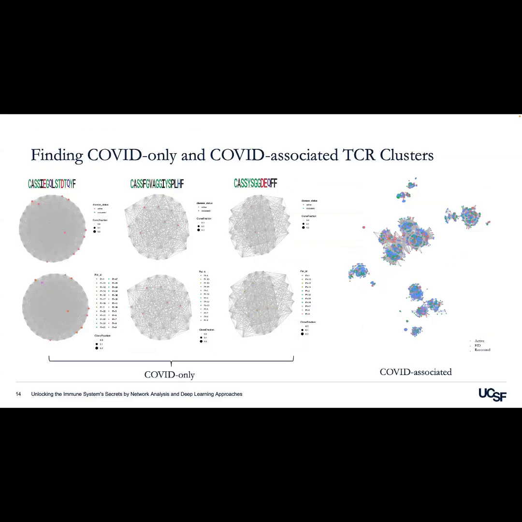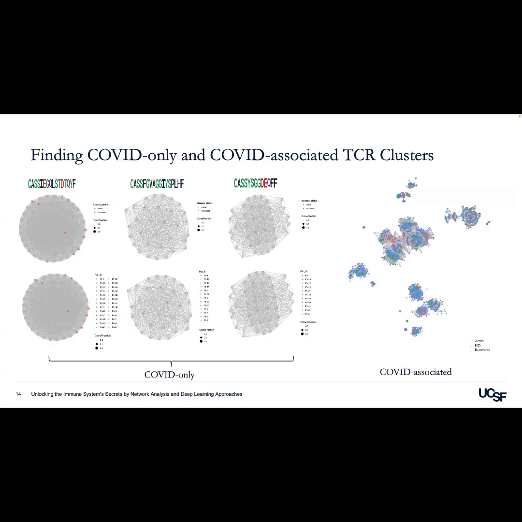Okay. So by using the pipeline, we were able to identify the TCR clusters which were COVID only. That means those TCR sequences are only present in the COVID-19 patients. And also the COVID-associated TCR clusters.